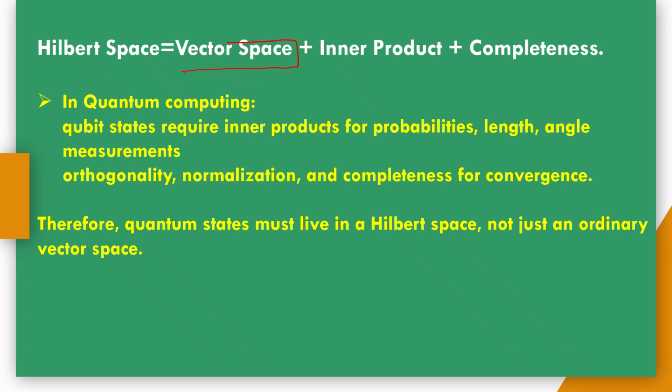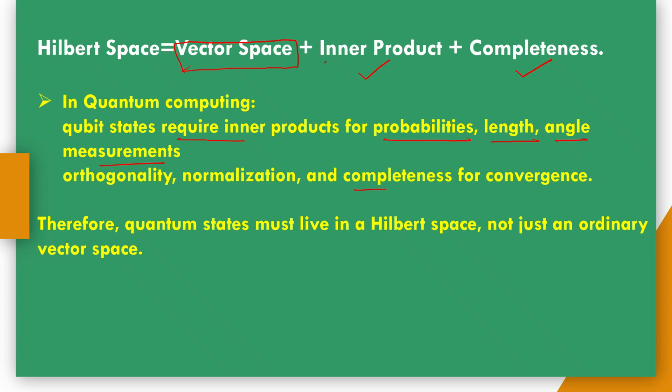In addition to the vector space, it follows conditions like inner product and completeness. Here in quantum computing, what is the advantage of these two? Qubit states require the inner product for probability measurement. That is one of the most important features to give the end result. We can also measure the length and the angle between two states to check whether they are orthogonal or not, and normalization.